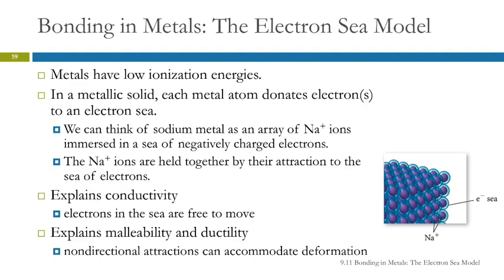In an ionic compound, when you hit it with a sledgehammer, when you cause a little bit of distance change between those oppositely charged ions, you're going to dramatically change the force of attraction, and it'll probably shatter. Metals don't do that. Any questions?